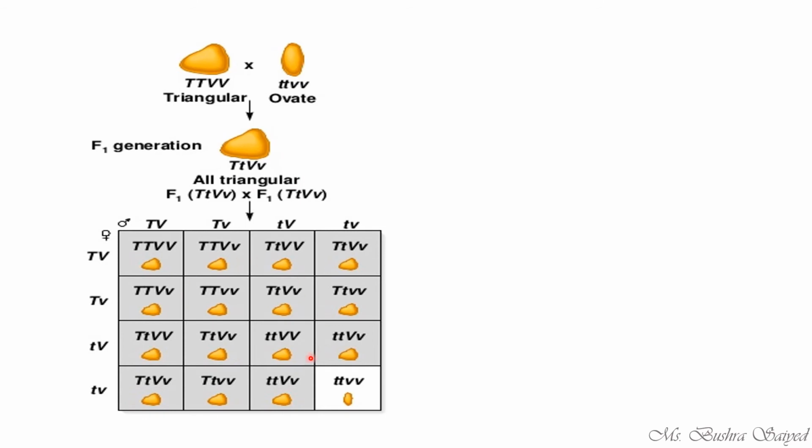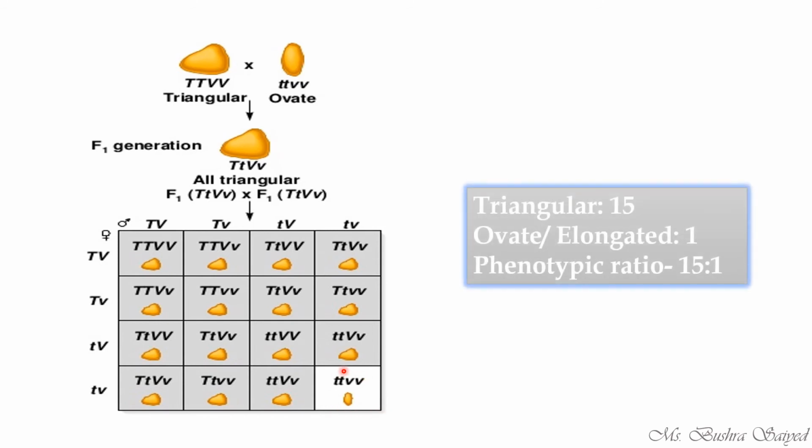Here we know that there is only one in which we don't get any dominant allele or gene. So that is why there will be only one elongated or ovate seed, whereas the other 15 will be triangular. That is why the phenotypic ratio that we get in duplicate genes is 15 is to 1.